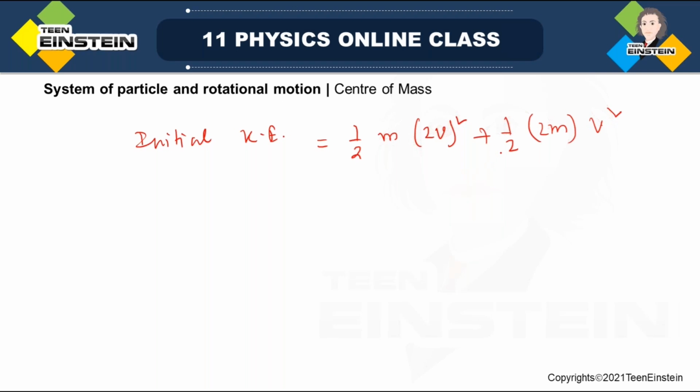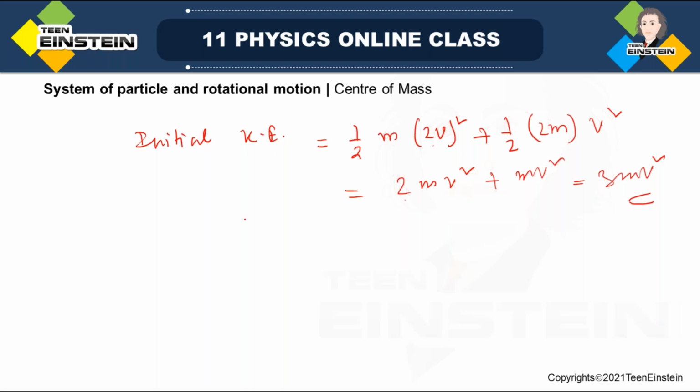So this is the initial kinetic energy, and if you look, this will give you 2mv square here, and here mv square. So this will give you 3mv square.